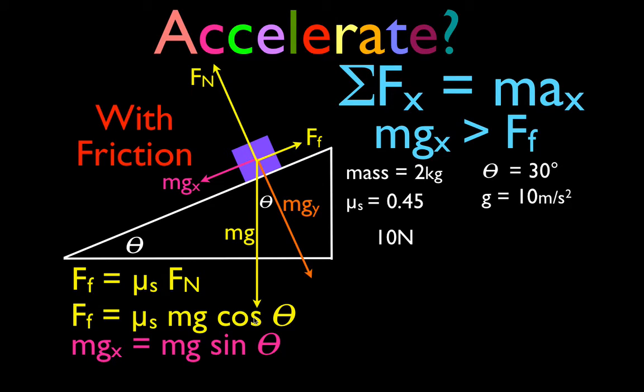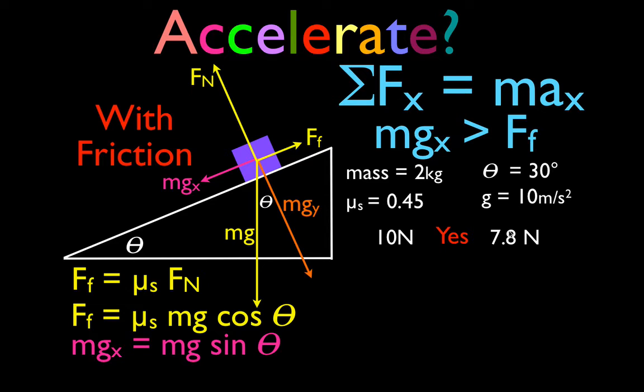So in order to calculate the maximum friction force, it's the coefficient of static friction, which is 0.45, times the mass, times g, times the cosine of the angle, and therefore you would get 7.8 newtons. The maximum friction force possible is 7.8 newtons, and therefore the object will accelerate down the inclined plane because the x component is greater than the friction force.